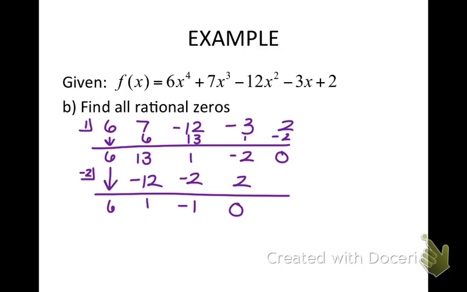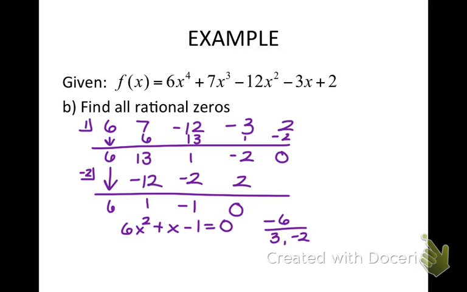What does that look like as a quadratic? 6x squared plus x minus 1 is equal to 0. Can we factor that? We ask ourselves. Yes. So 6 times negative 1 is negative 6. Factors of negative 6 that get you to positive 1 would be positive 3, negative 2.